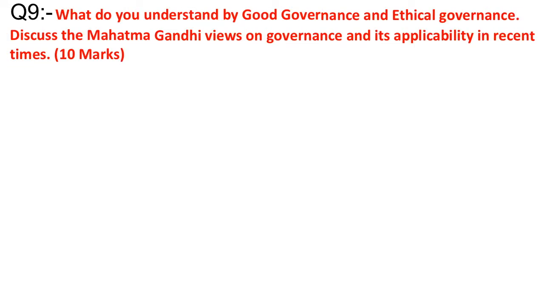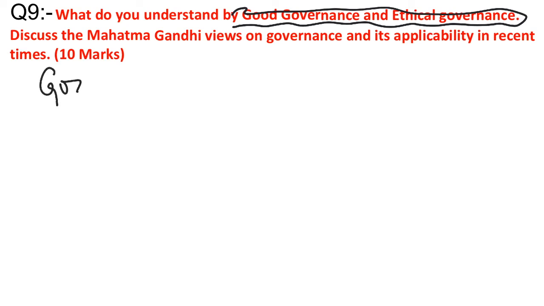Now coming to question number 9: what do you understand by good governance and ethical governance? The question looks very simple, but in the examination you will find it difficult to define good governance and ethical governance because both look the same, and sometimes they are used interchangeably. So first of all, you will have to understand what good governance is.